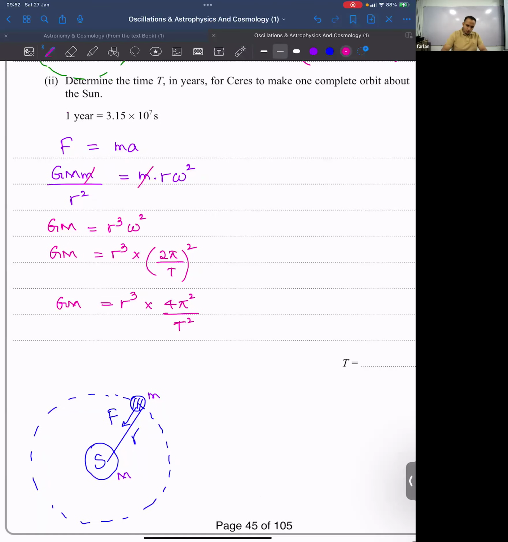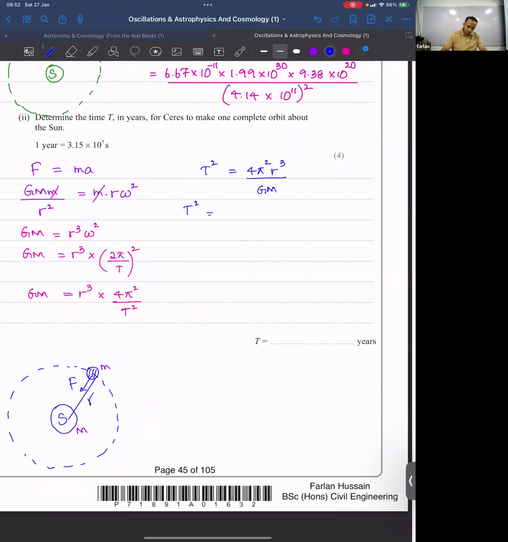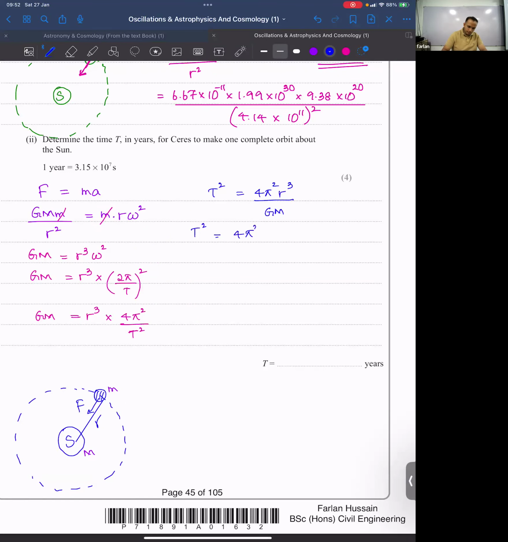Now if I make T square the subject, T being the time period, that is going to be 4 pi square r cube over G. So T square will be, substitute 4 pi square.